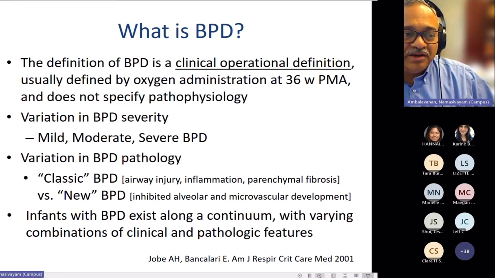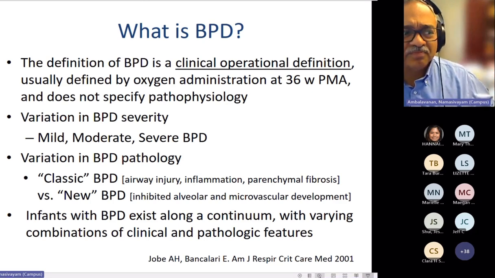So it's a diagnosis that is defined by its treatment. It's like saying anybody who gets antibiotics has sepsis, or anybody who is exposed to methotrexate has cancer. So that's a very poor definition.